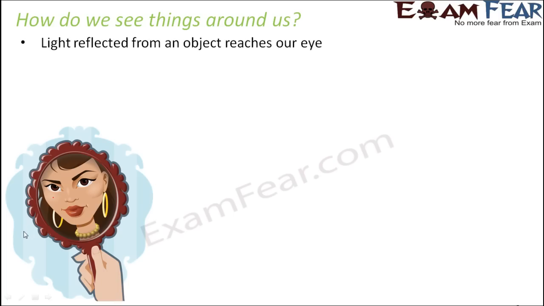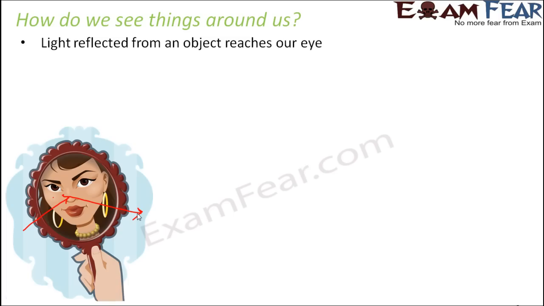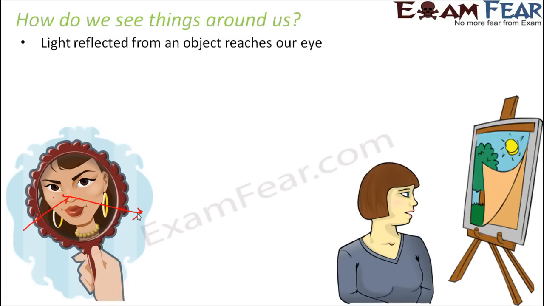A ray of light falls on this surface and gets reflected, and this reflected light reaches our eye, and that is how we are able to see the image. That's the simple concept behind image formation. If there is no light, there will be no reflection, and therefore no reflected ray reaching our eye, and therefore we will not see anything. It is as simple as that.